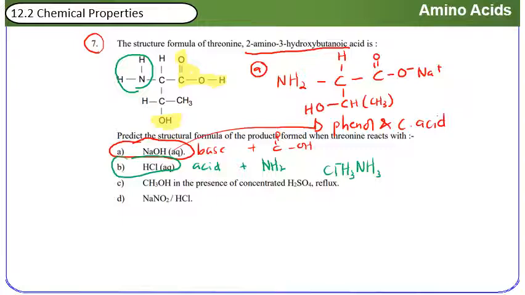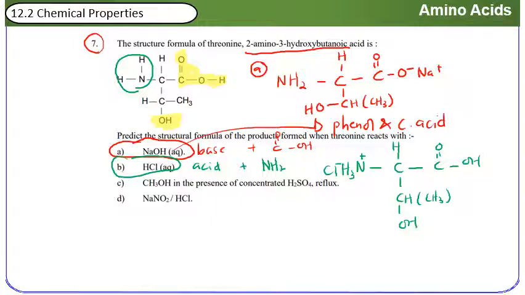Since we want to show that the nitrogen is bonded to the carbon, we put the nitrogen at the right-hand side, connected to CH. The COOH is maintained, and the same for CH, CH3, and the hydroxyl group, because the hydroxyl will not react with the acid.